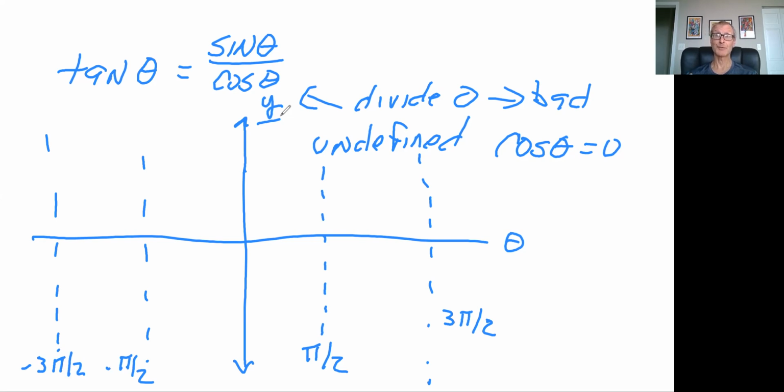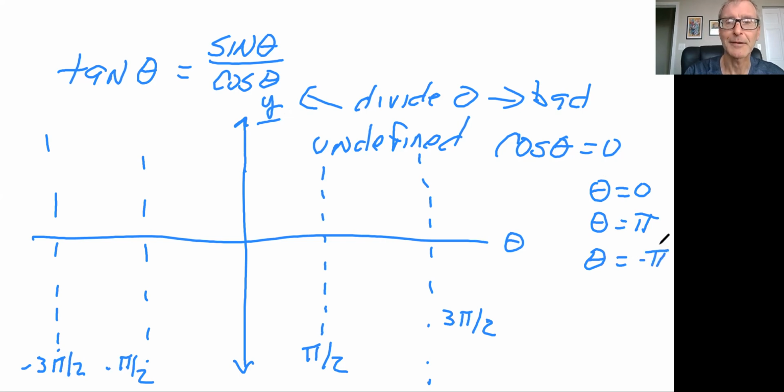So when sine is 0, that occurs at theta equals 0, theta equals pi, theta equals minus pi if we look at our graph. So if we put those here, that would be minus pi, that would be pi. You would see that we'd have a 0 point here, a 0 point here, and a 0 point here.